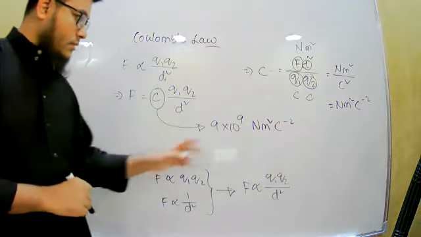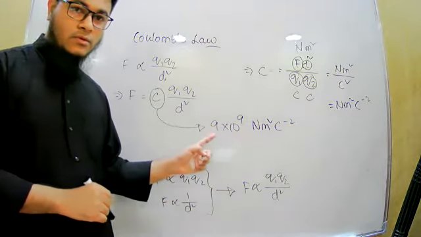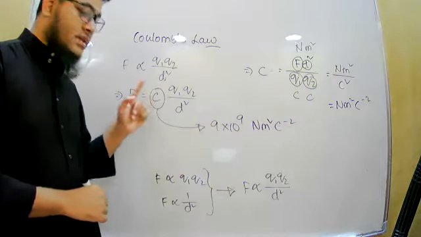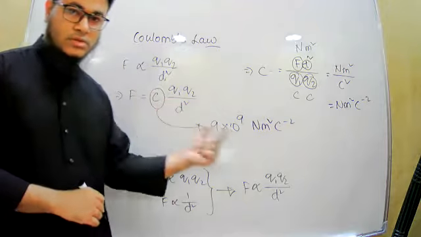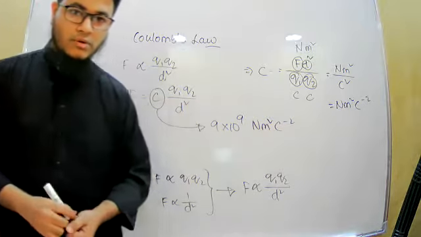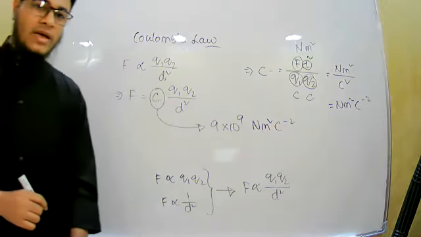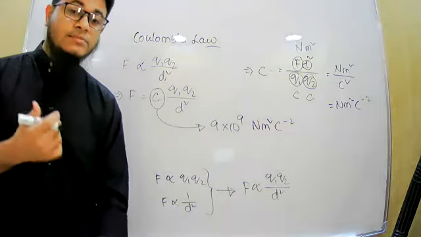So this is the magnitude for C, known as Coulomb's constant, and the unit is Newton meter square per Coulomb square. Often the value of this is asked in the MCQ.